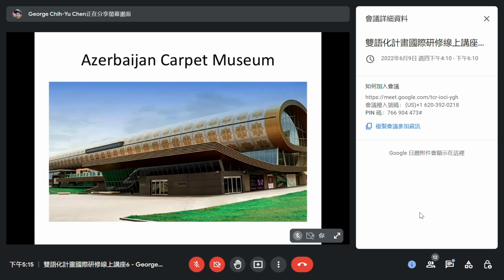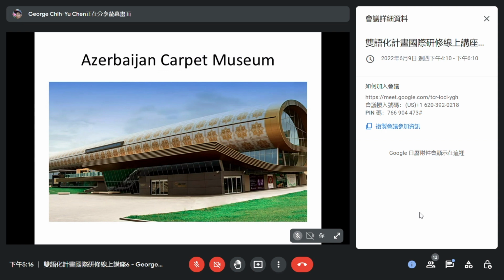When you are in Azerbaijan, in their capital city, Baku is the name of the capital city. 它的首都叫做 Baku, and you can visit the Azerbaijan Carpet Museum. This museum houses 容纳了 the largest collection of Azerbaijani carpets in the world.